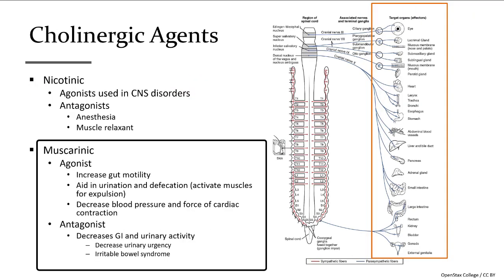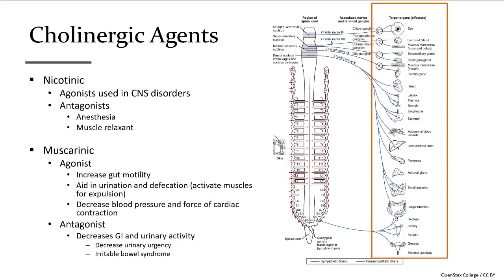For instance, somebody with irritable bowel syndrome or an overactive bladder will be given medication that is a blocker of these muscarinic receptors, because the parasympathetic's job is to go ahead and pee or go ahead and move food along. Well, if it's overactive, then maybe we need to slow that down. So that would be a time that an antagonist would be given for a muscarinic receptor.